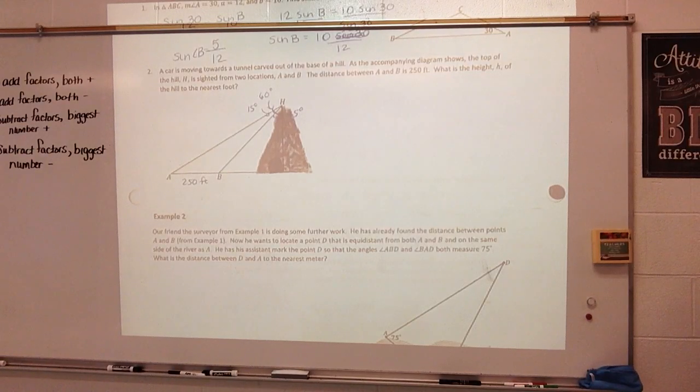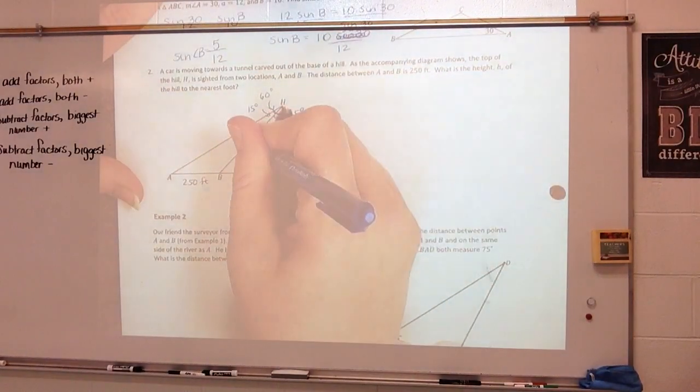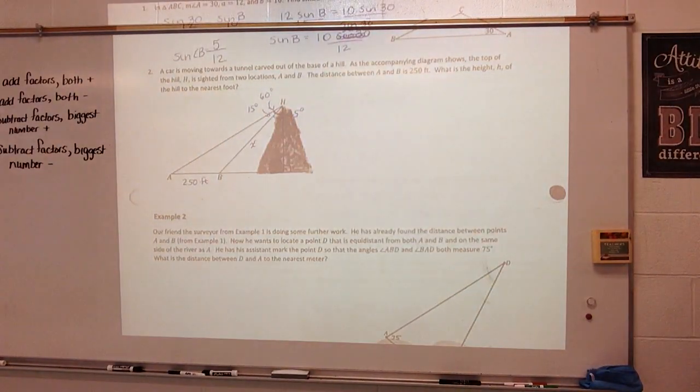So we're going to let X represent BH in feet. So let's apply the law of sines.